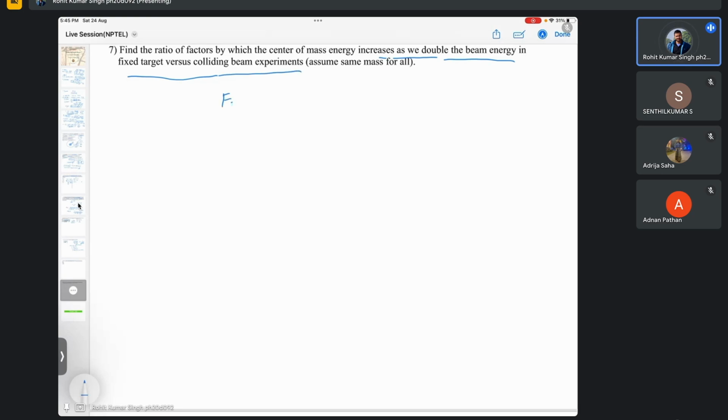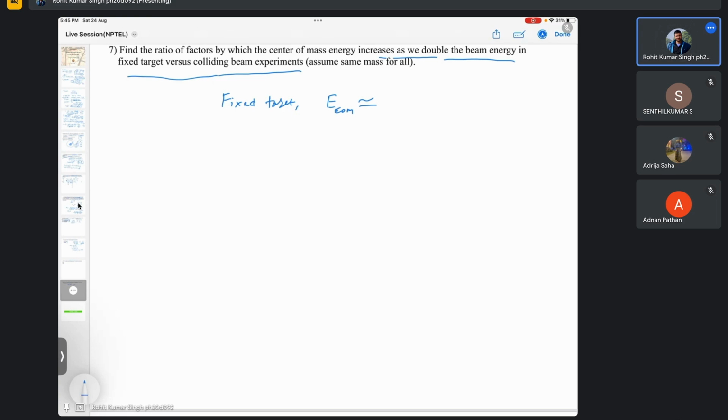I derived these formulas. If you have not seen them, you can check the recordings of this lecture later. For fixed target, the center of mass energy is given by an approximation, but for high energy experiments this approximation works fine.